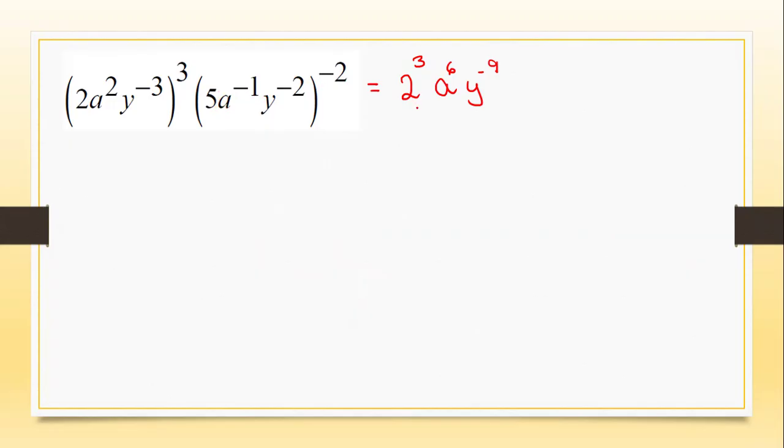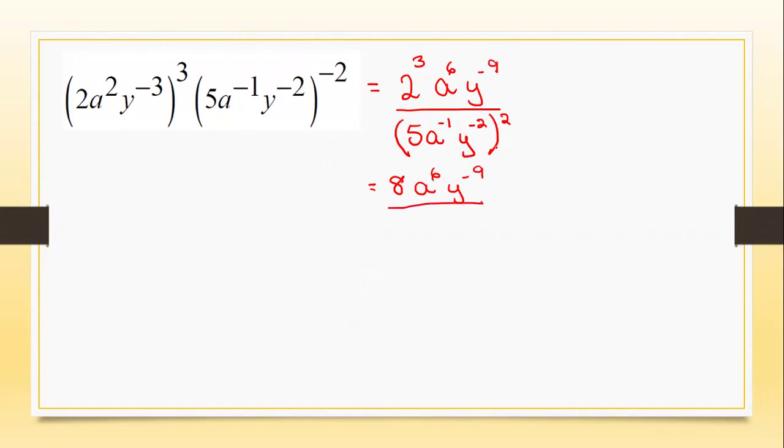So we're going to change that. We're going to now take the reciprocal. When we take the reciprocal, our power now becomes positive 5a to the power of negative 1, y to the negative 2, raised to the power of 2. We now have 2 to the power of 3, which is 8, a to the power of 6, and y to the power of negative 9.